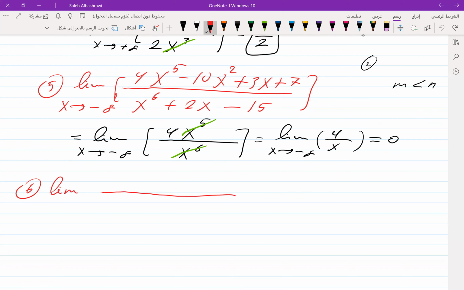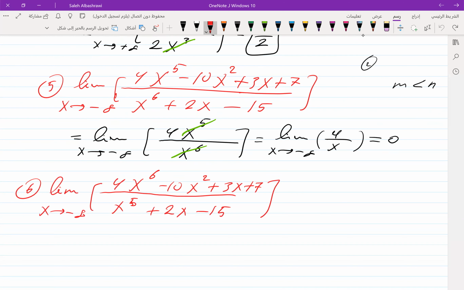If I have 4x to the power 6 minus 10x squared plus 3x plus 7, divided by x to the power 5 plus 2x minus 15, as x goes to minus infinity or plus infinity.